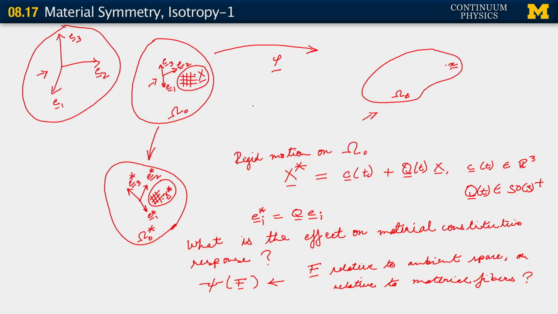This matters, and the reason it matters is that the two deformation gradients are going to be different. For this picture, we already have F equals partial of phi with respect to capital X. But then we need to ask ourselves, is that what matters?